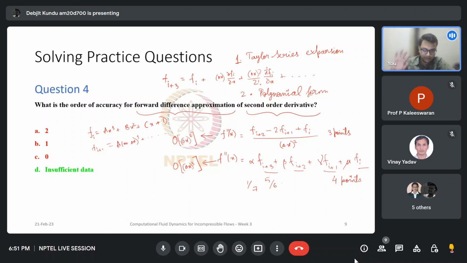And then using the data we can figure out these a, b, c and d, and once we have those, we can use them to determine something like this. There also we can figure out all these alpha, beta, gamma, and mu, the mathematical values of them, the numbers. Right? So these are the two techniques which we can use to discretize PDEs.